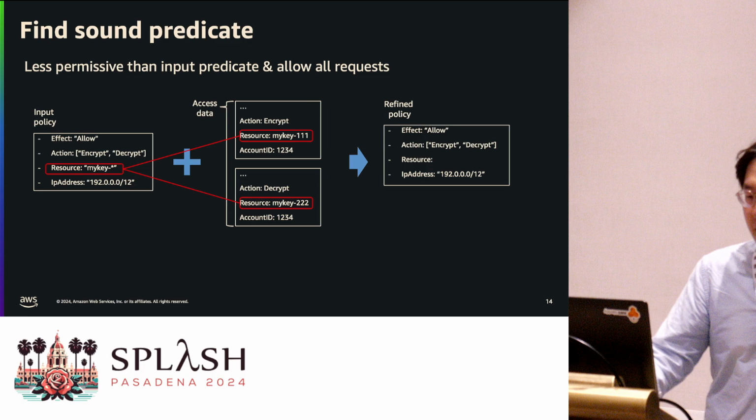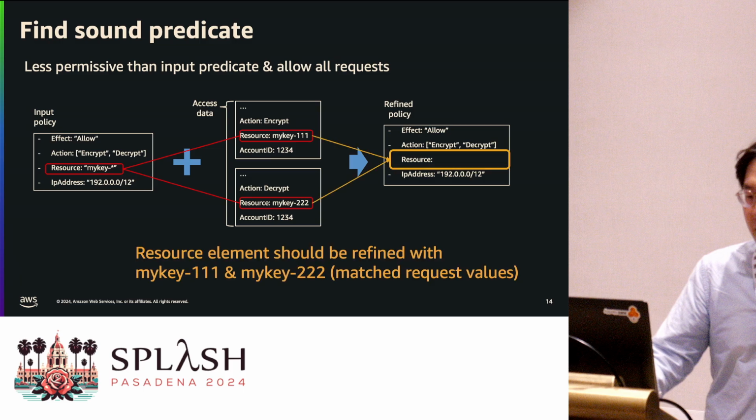So we have this my_star in the input policy, and we have values from the requests, my_111 and my_222, from the resource element. So basically, we use these values to refine my_star to this refined policy. And this predicate should allow all matched values, which are my_111 and my_222. So in this way, we achieve the sound predicate.